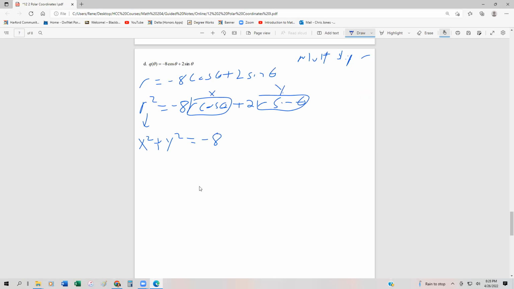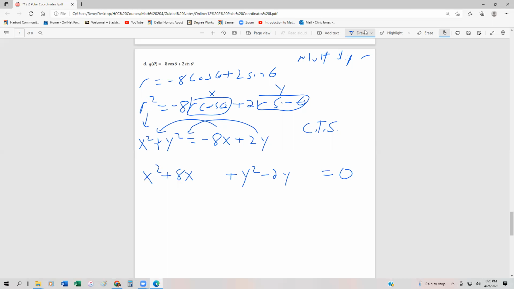So we have -8x and 2y. Now, to put this into the general form, we're going to use a technique called completing the square, which we've probably seen earlier in this course, but I'll remind everybody how to do that. We add 8x and subtract 2y, and we get x squared plus 8x, and I'm going to leave a space, plus y squared minus 2y equals 0.